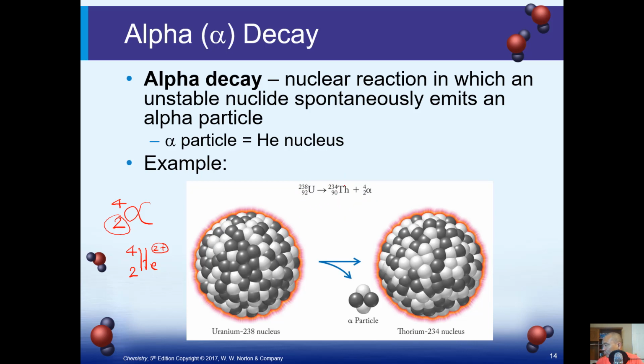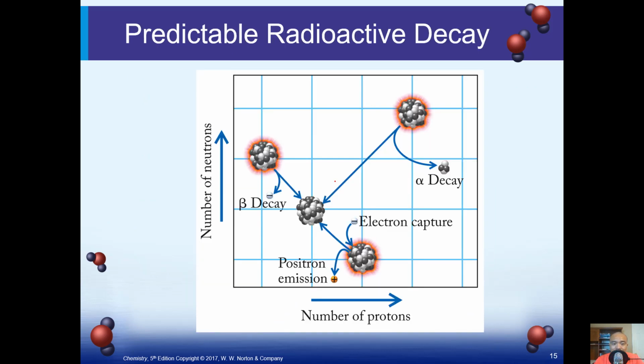When you look at the product thorium, this is still above the band of stability. It will also undergo alpha decay in order to get closer to the band of stability. Remember, the whole goal for the nuclear reaction is to arrive at the most stable state.